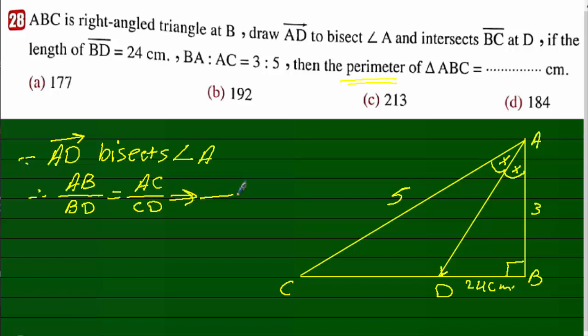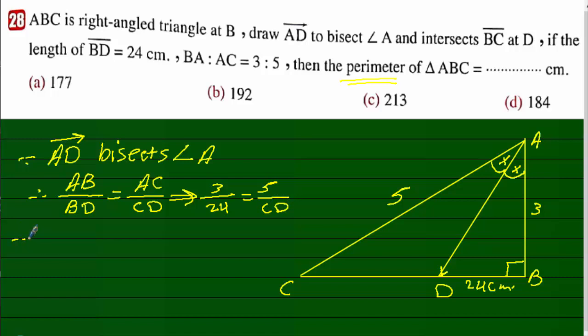It means AB over BD, it's 3 over 24, equals the length of AC, this ratio, it's 5 to CD.